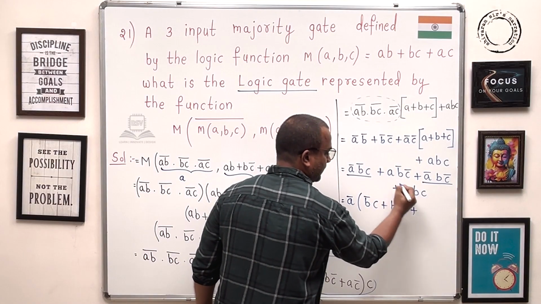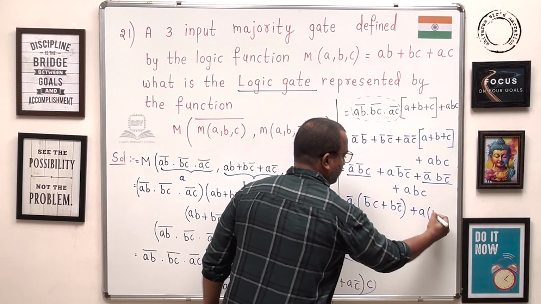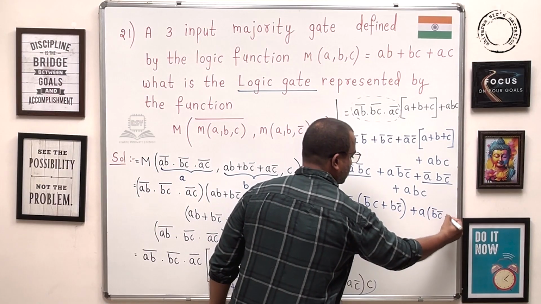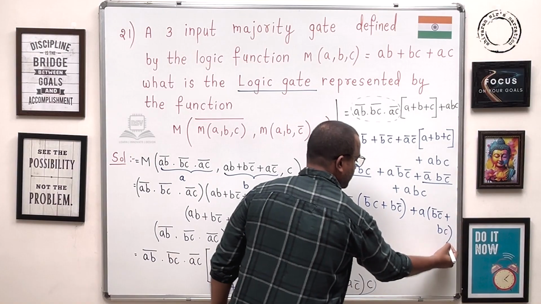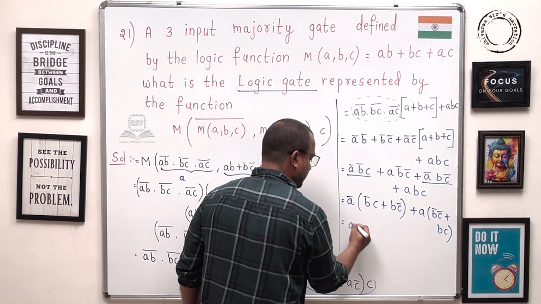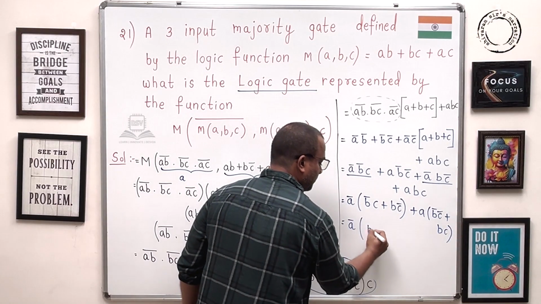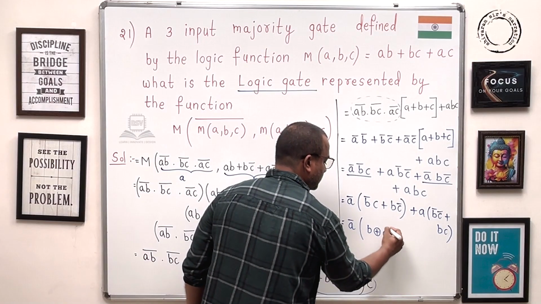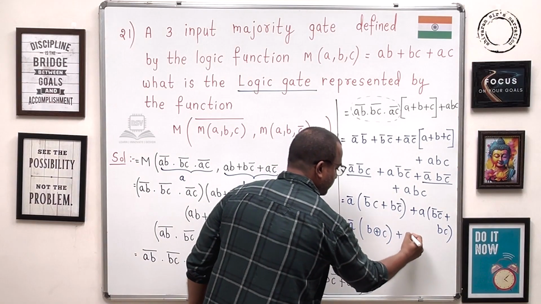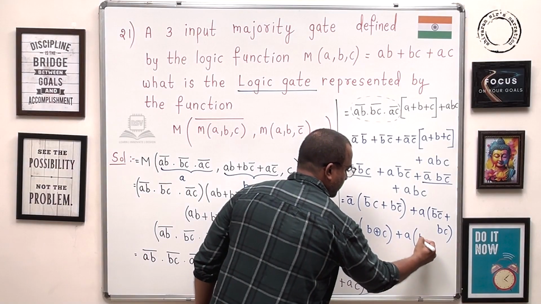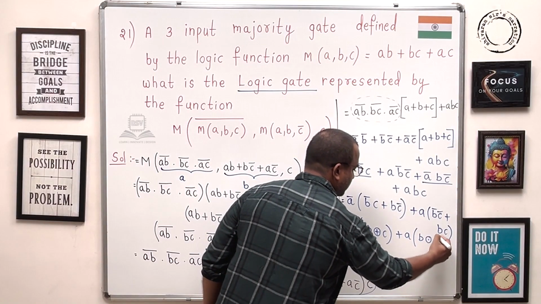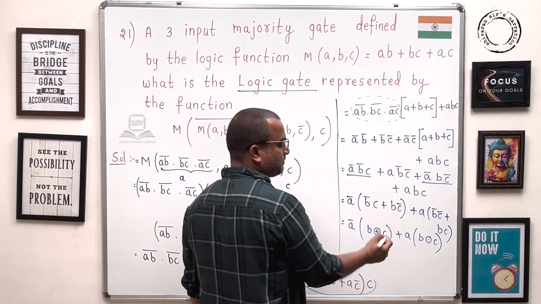Again, A common, (B bar C bar plus BC). So guys, you can rewrite it as A bar into B XOR C only, isn't it? Yes. Similarly, this can be written as A into (B XOR C) whole bar, because B bar C bar plus BC.